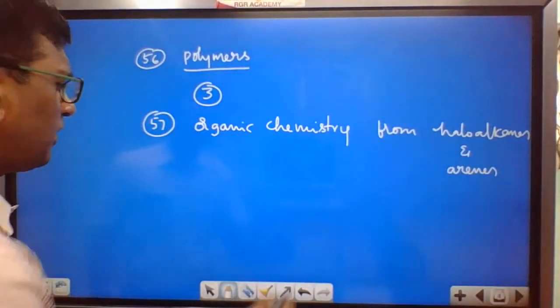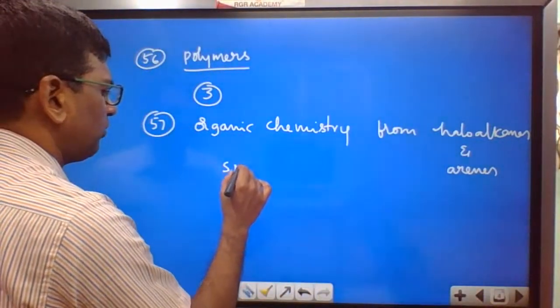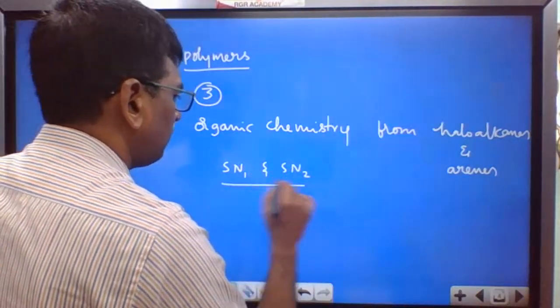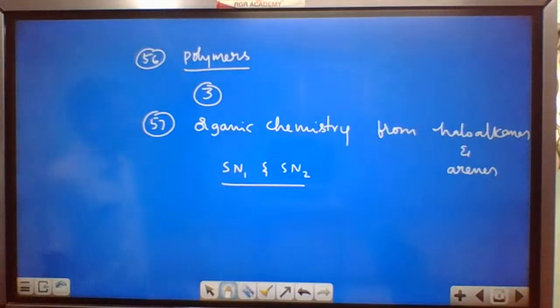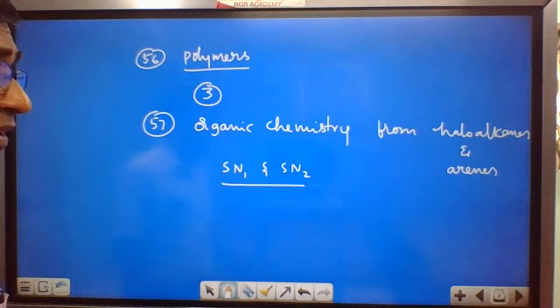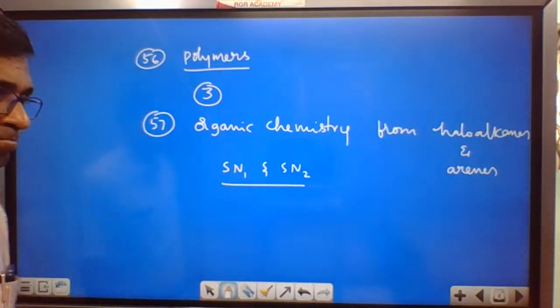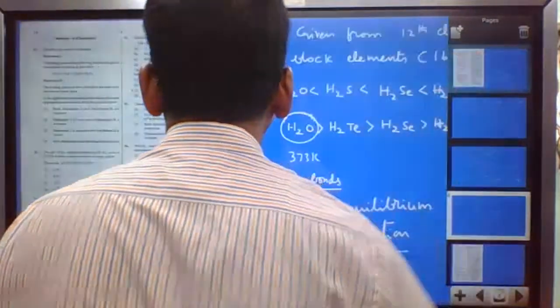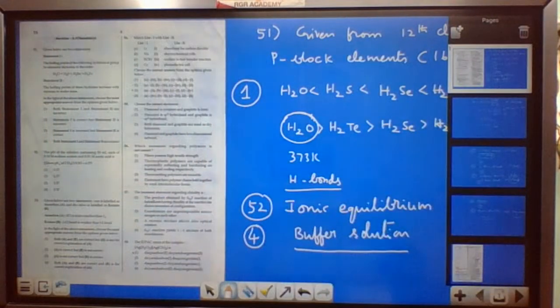This question is based basically on the SN1 and SN2 mechanisms. While SN1 or SN2 mechanism is taking place, if the compound involved has chirality, then which statement is correct? They are asking that. Very interesting question.